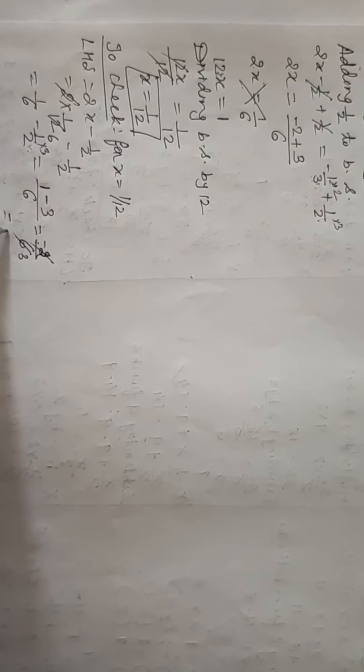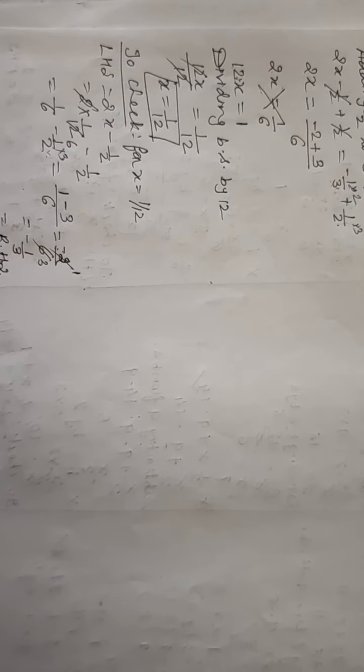Minus 2 by 6 get cancelled. Here you will get 3, and what you will get here now is equal to minus, what is left here in the numerator, there is 1. Okay, this 3 is in the denominator. Take care while writing. So minus 1 by 3, and this minus 1 by 3 is what your RHS. So simple.